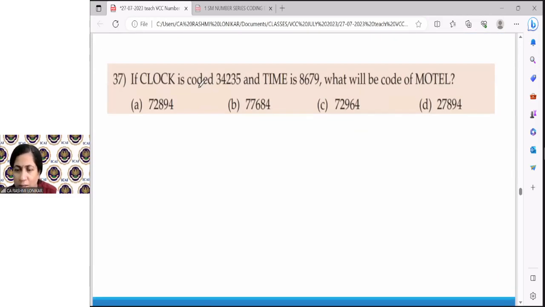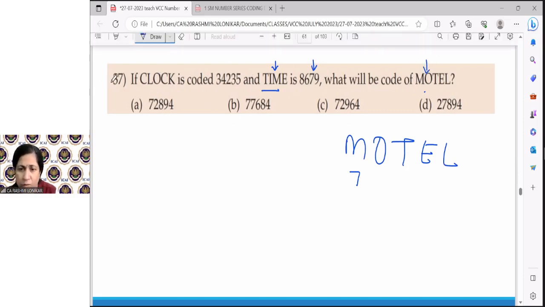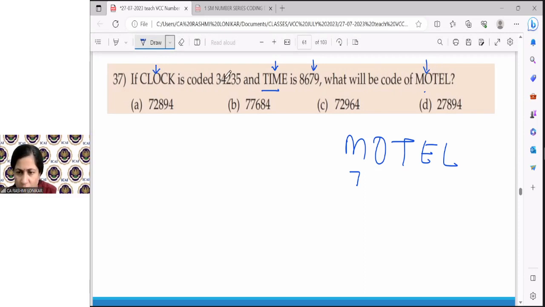If clock is coded as this and time is coded as this, what will be motel? Okay. So MOTEL. What is a symbol? TEL. M. Where do I have M? Here. This is the third letter, M. So third alpha number will be 7. Yes, everybody is starting with 7. O. Third letter here is O. 1, 2, 3.